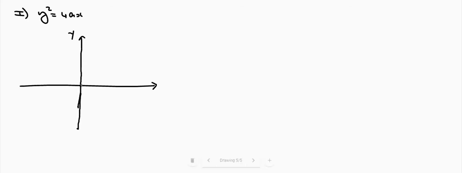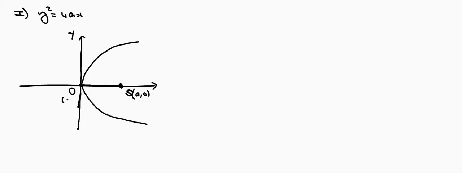Here the fixed point, the focus, lies on the axis. Consider it as S, with coordinates a, 0. Then the distance from the origin to this point is a. This is the vertex of the parabola.